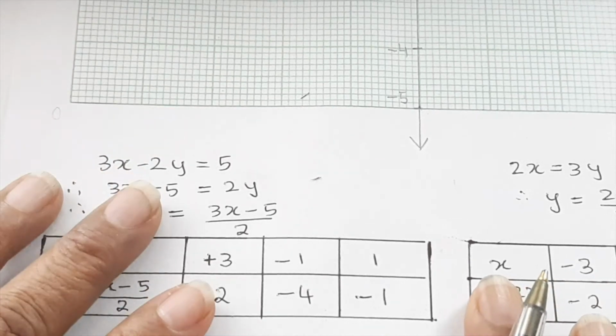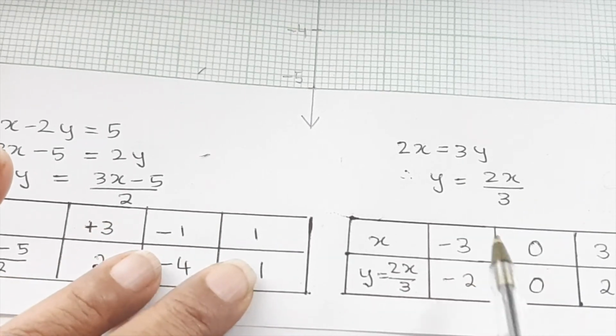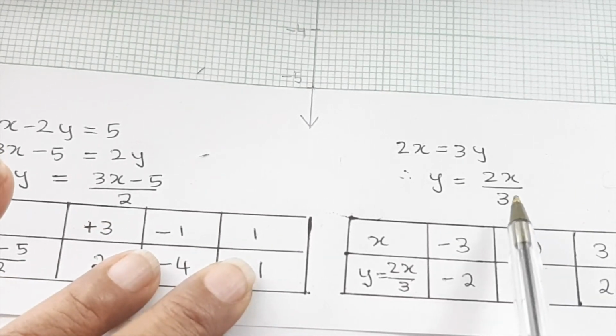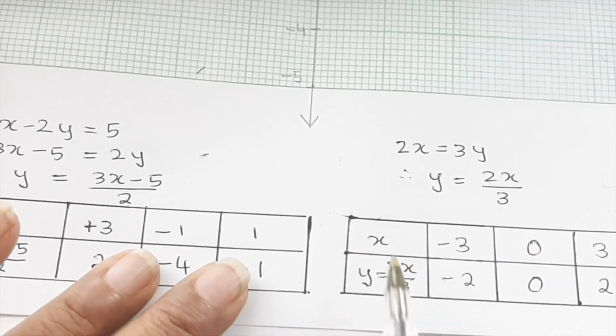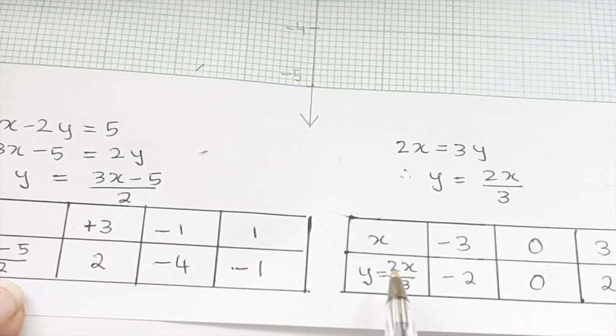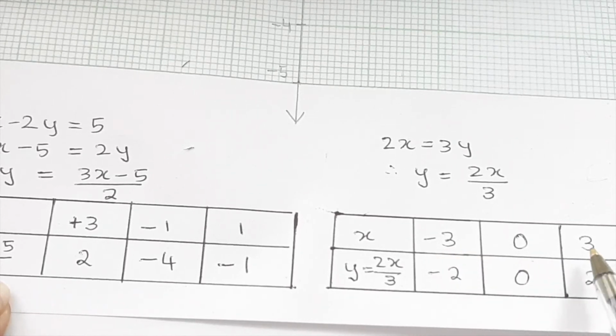Our second equation is 2x is equal to 3y, so y is equal to 2x upon 3. So we make the columns here x and y equal to 2x upon 3. And here again I am going to take three values of x: minus 3, 0 and 3.